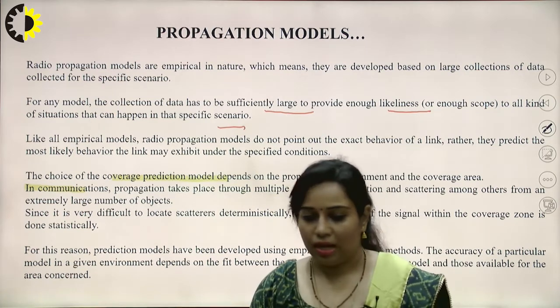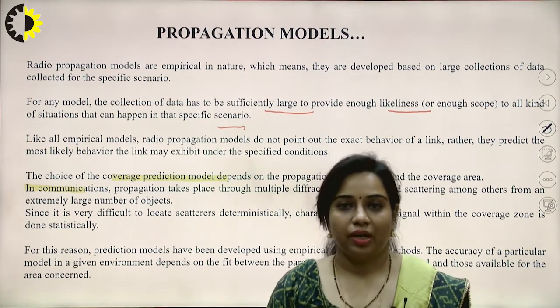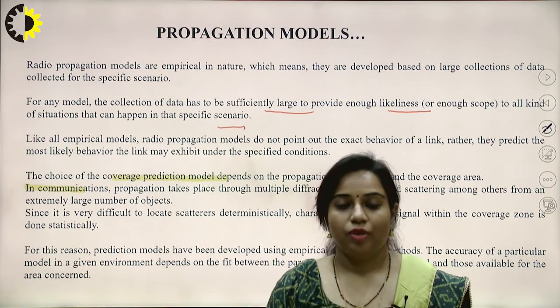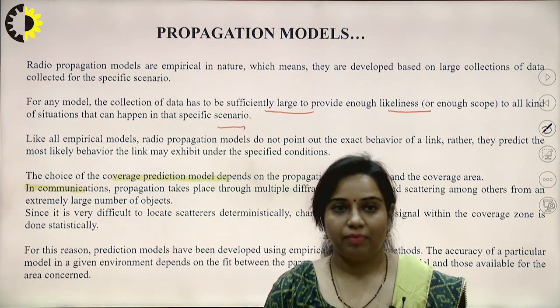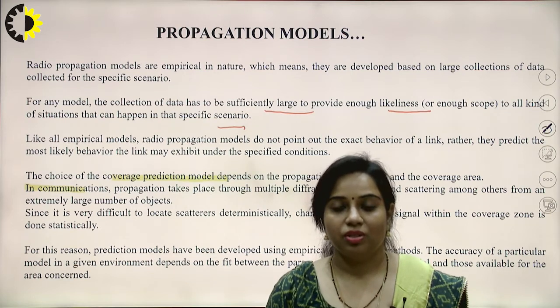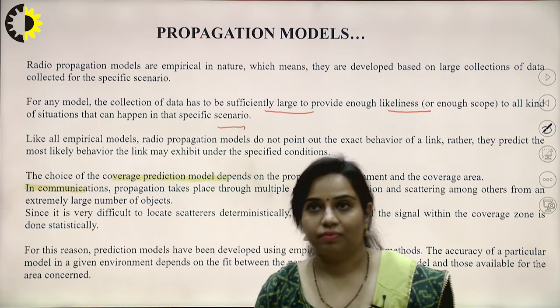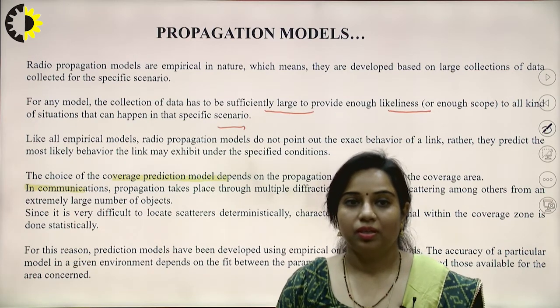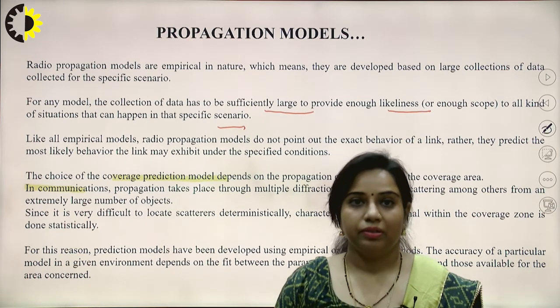So a larger number of parameters calculated, or a larger amount of data collected for the calculation of various parameters, has to be done so that the proper result will be achieved by using different communication channel models.